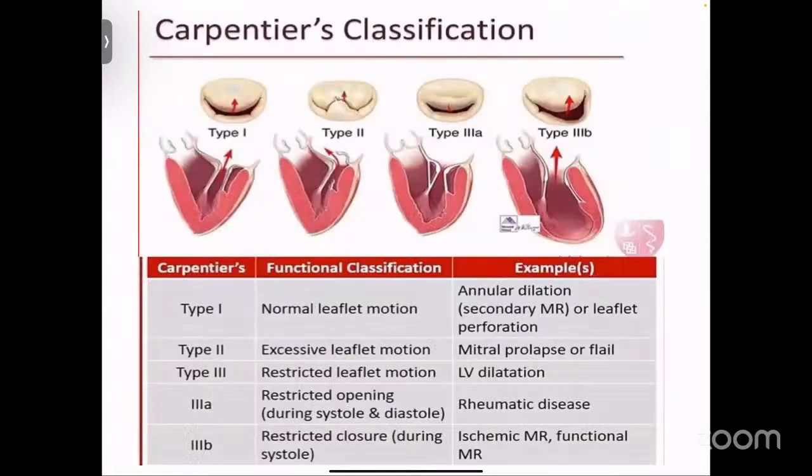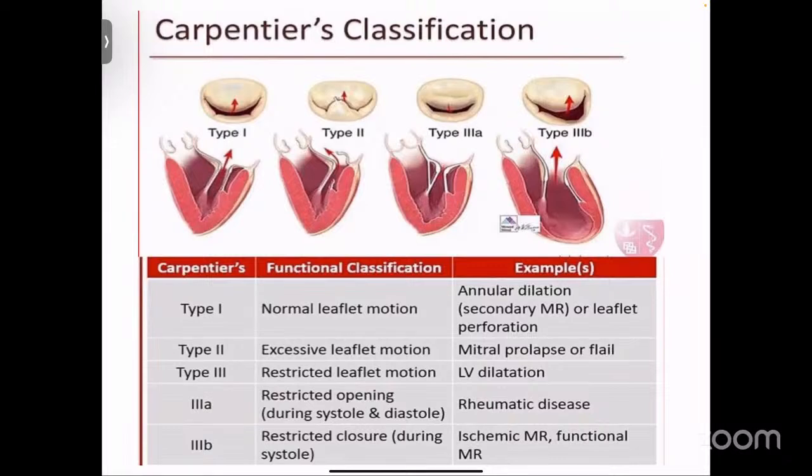Now, the Carpentier classification has been designed according to three pathoanatomic types based on the mitral leaflet motion. Type 1, or class 1, is defined as normal leaflet motion. Type 2 is when the leaflet is prolapsed, or shows an excessive motion.